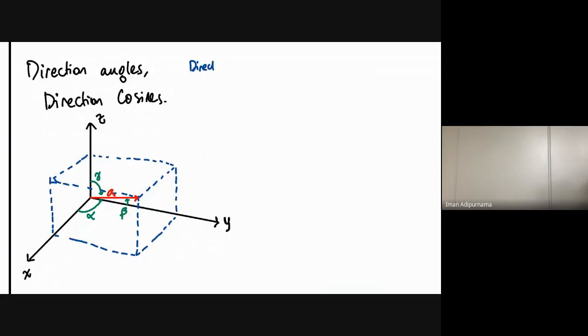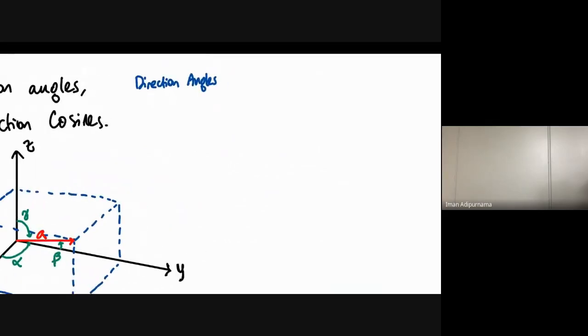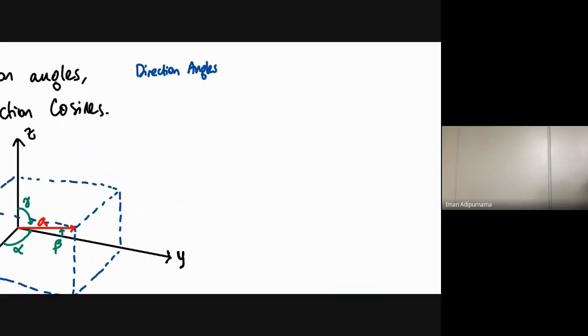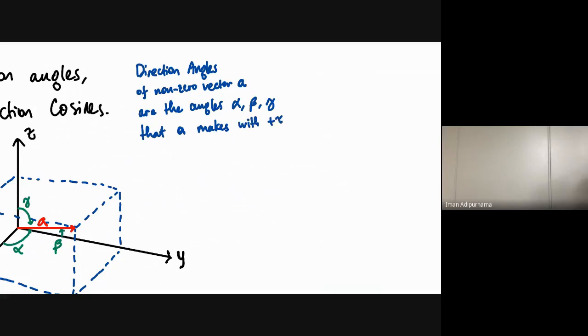So direction angles of non-zero vector A are the angles alpha, beta, and gamma that vector A makes with positive X, positive Y, and positive Z.